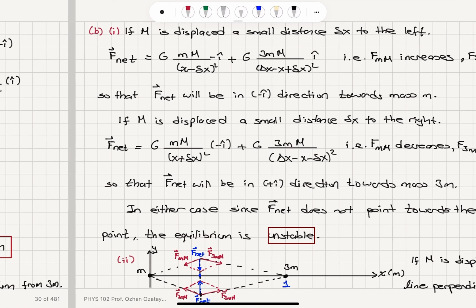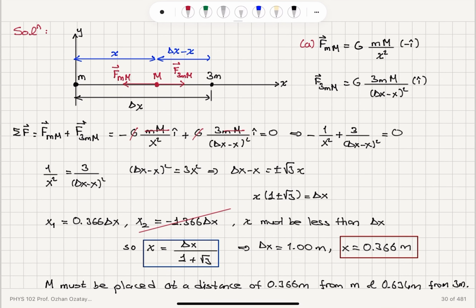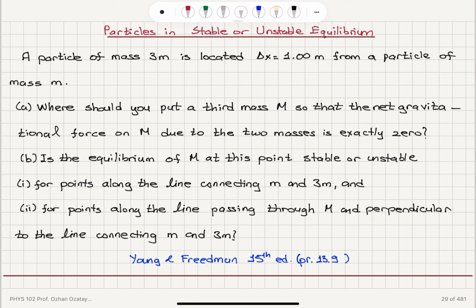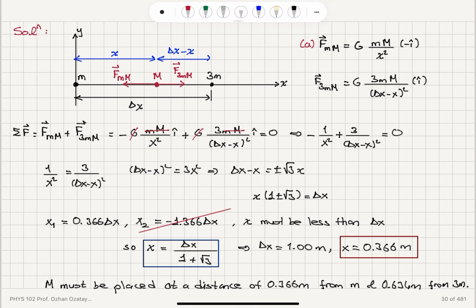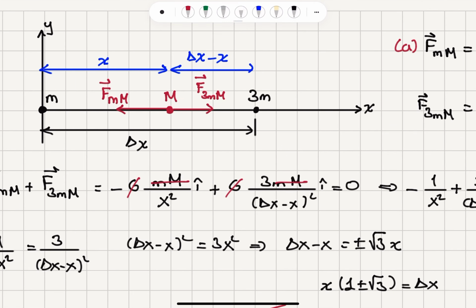So let's see what we have done. We have put two particles, mass 3m and m, at a distance 1 meter from each other. We're inserting a third particle, mass capital M, such that the net force on this particle is zero. Equilibrium is established. It is located at a distance x with respect to m and at a distance delta x minus x with respect to 3m.